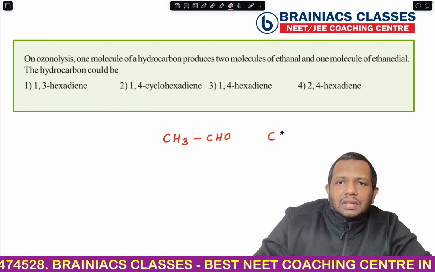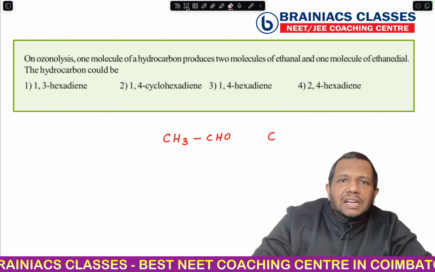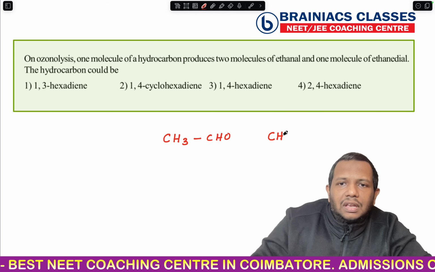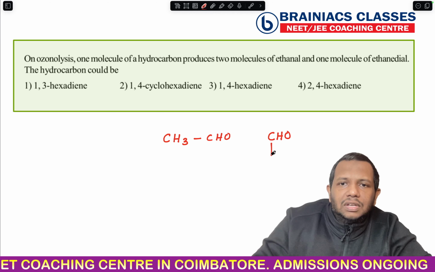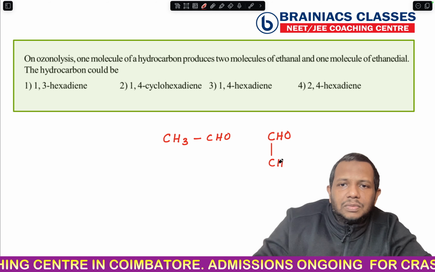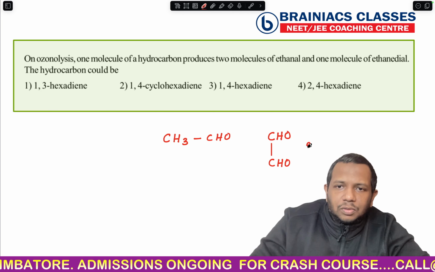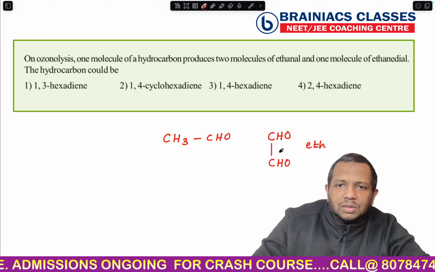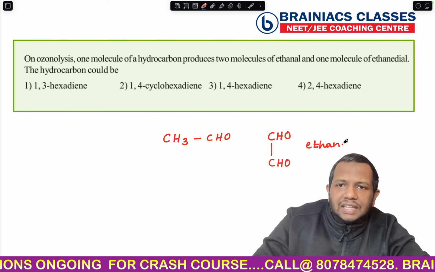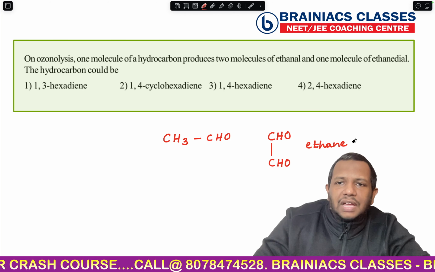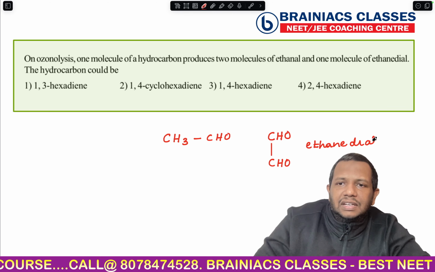So ethane dial is nothing but this one, our glyoxal, CHO single bond CHO. Why is it called ethane dial? Because there are two carbon atoms, so we say eth. They are connected through a single bond, so we say ethane, and you have two aldehyde groups, so that is why we say ethane dial.